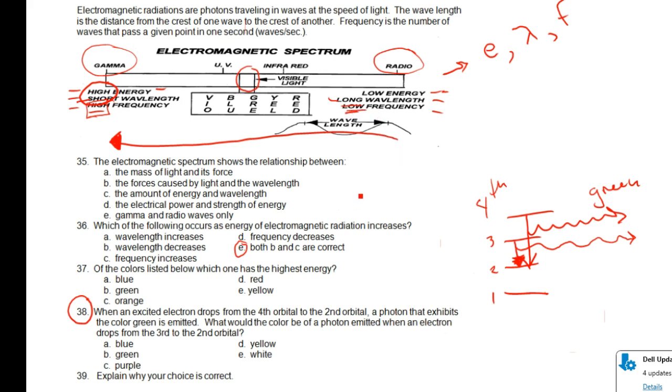Now it says, what color would it be? Well, if this was green, I want you to use this information to tell me what it would be, and then at 39 explain why your choice is correct. The answer better not be green. I'll leave the rest to you.